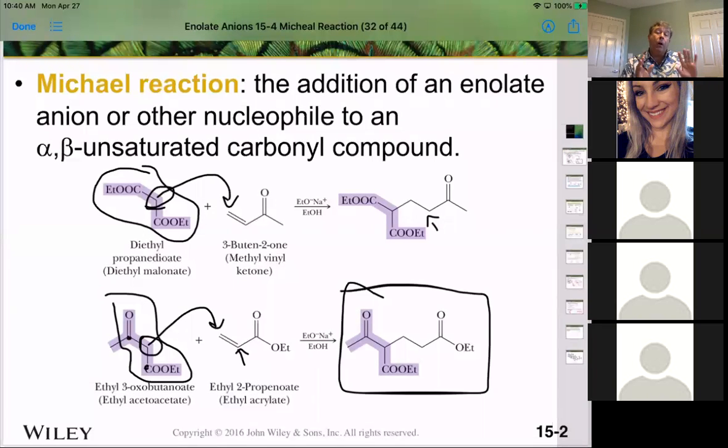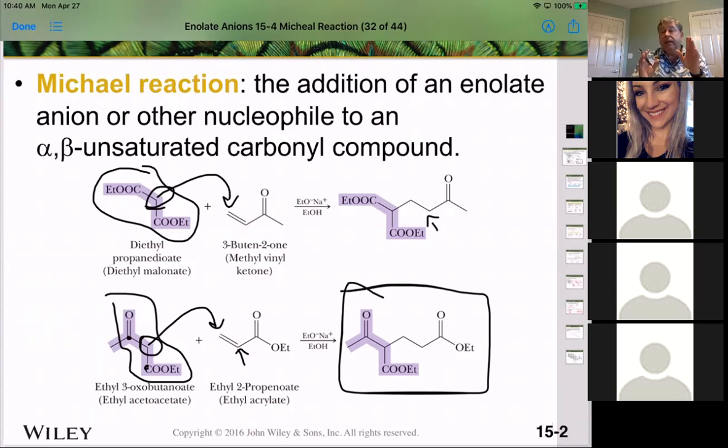The cool thing about all these enolate reactions is we're going to do basically the same thing, but in the Michael reaction, we're doing it differently because we typically use a dicarbonyl compound, and we add it to a beta unsaturated carbon. So this is a little different, but we still create an enolate to do it.